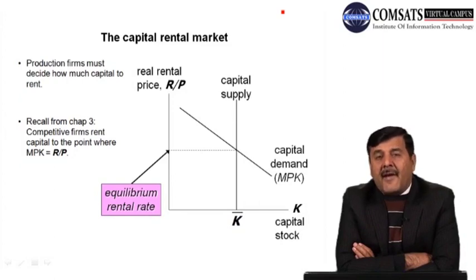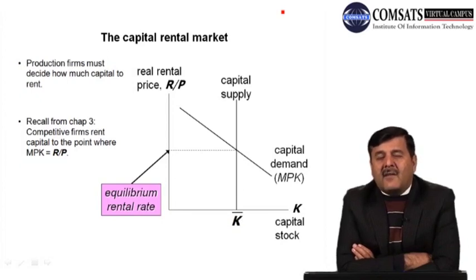So we'll try to explain this with the help of a diagram. जैसा कि मैंने आपको बताया कि whenever we are discussing the market, we need to look into the demand of that particular factor and supply of the factor. So since we are here discussing the capital rental market, we have the demand for capital and the supply of capital.